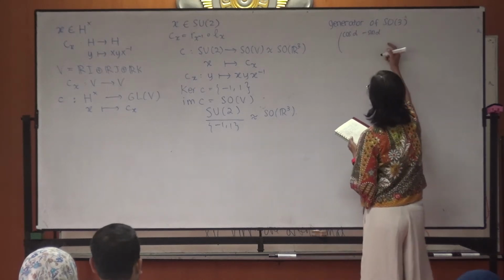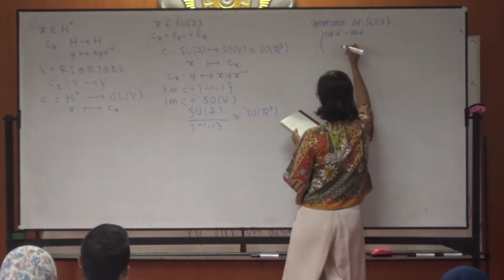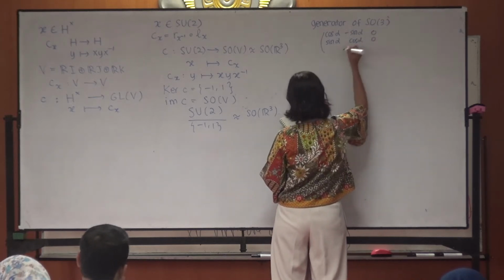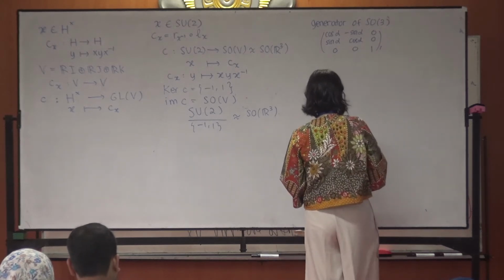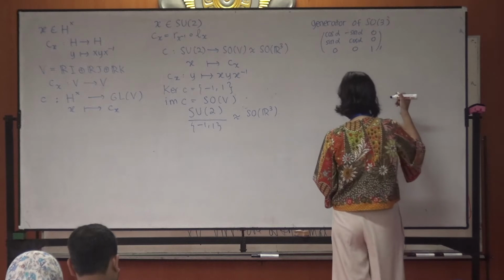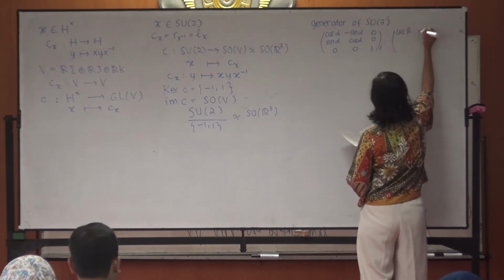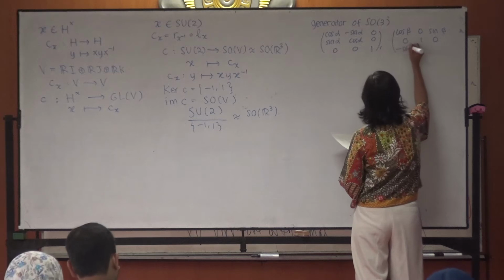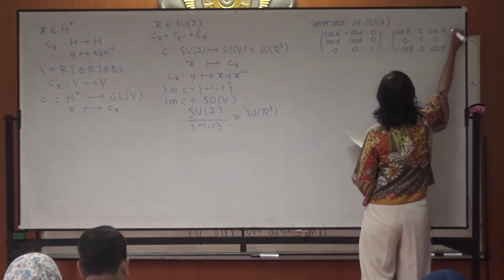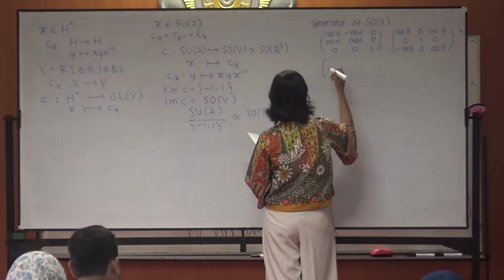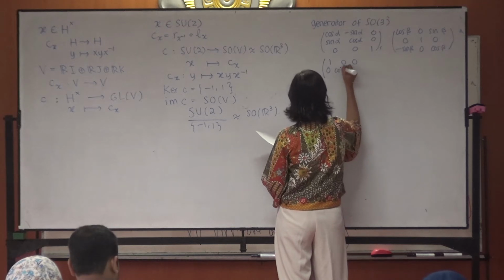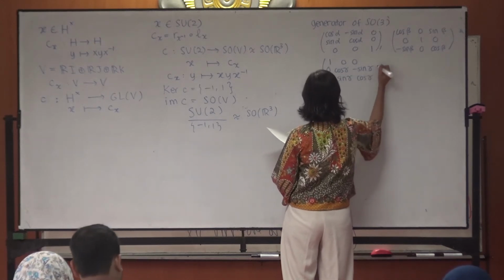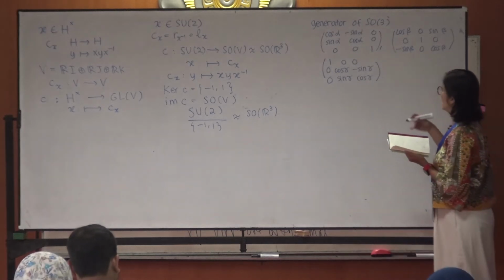And if you recall, SO3 is the group of rotations. The first one, the second one, and the third one, and we take all alpha, beta, and gamma.